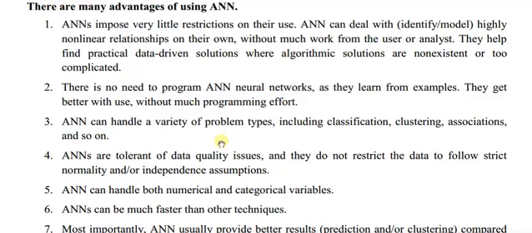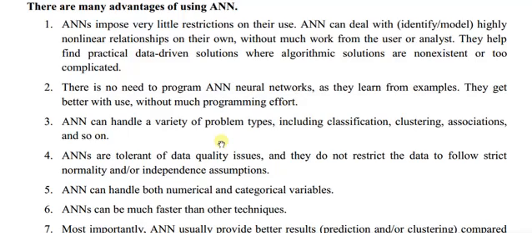If we go for statistical algorithms like regression, they work only for numerical data, whereas some other algorithms may work only for categorical variables. But ANN can be useful for both numerical as well as categorical variables.